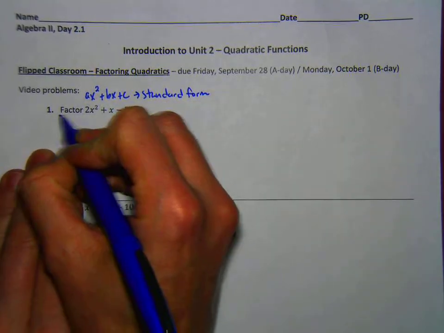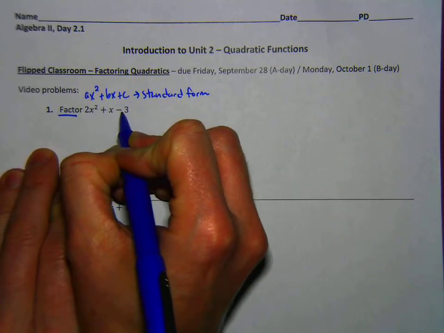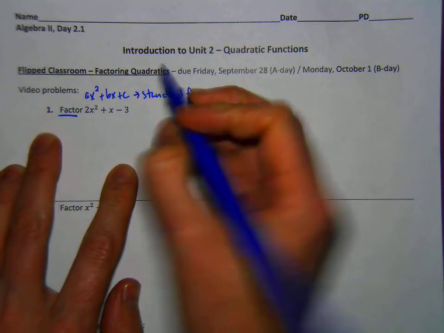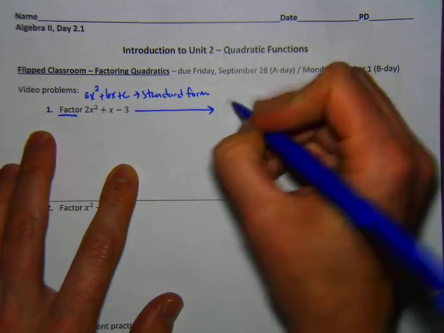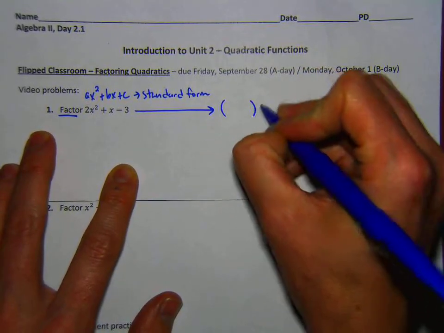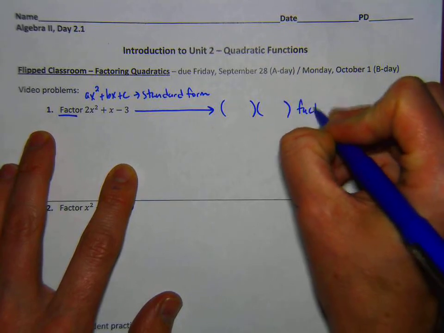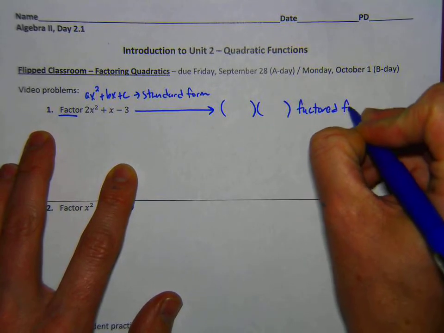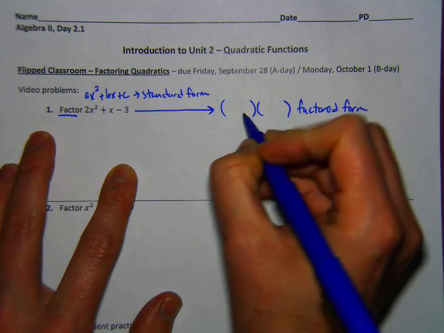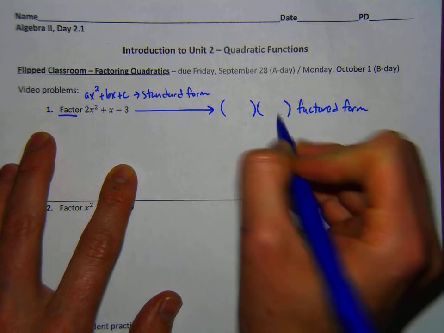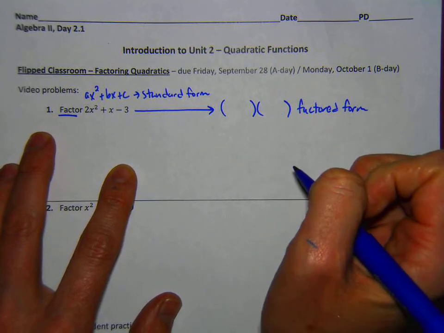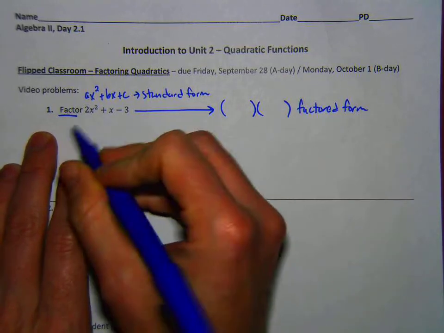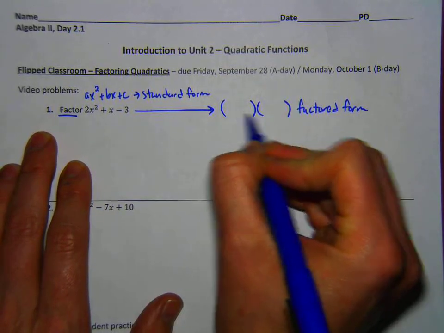What factoring does is it takes this standard form equation into factored form, which looks like this, where you're going to have x plus or minus something and another x plus or minus something. When we finish this process of factoring, this is what your final answer should look like.